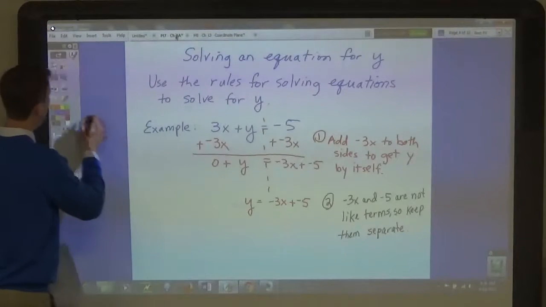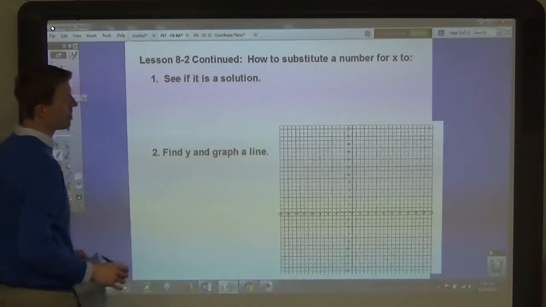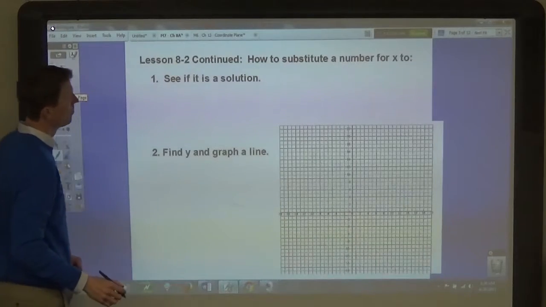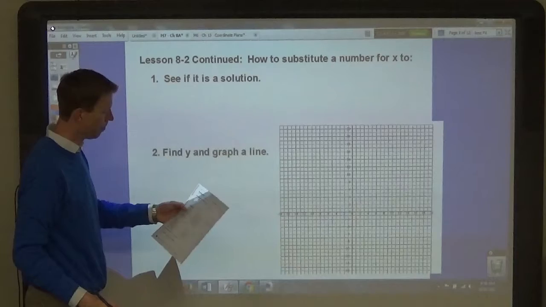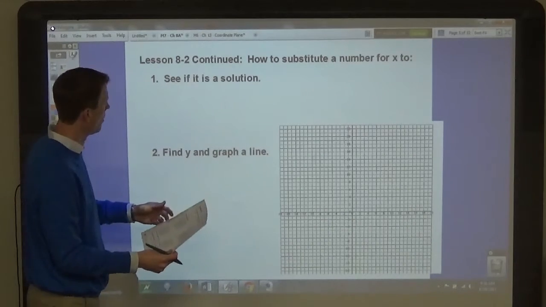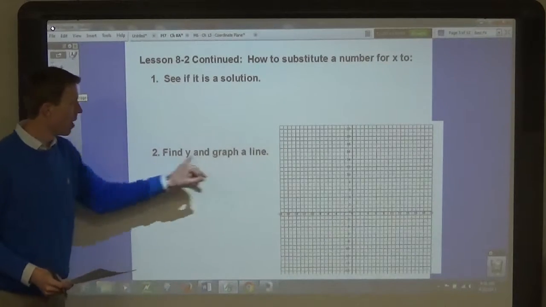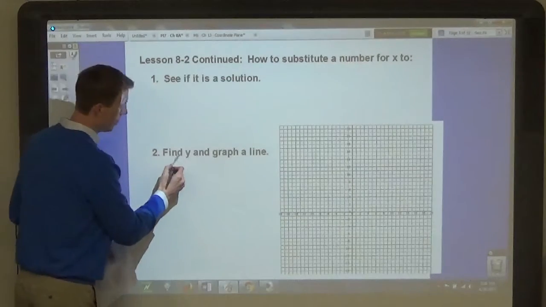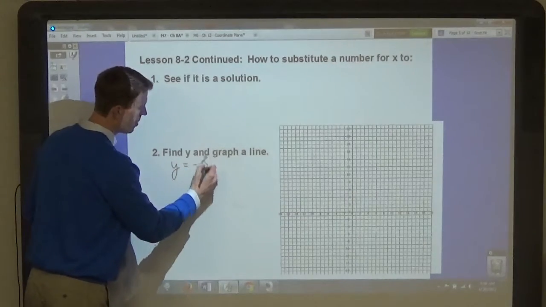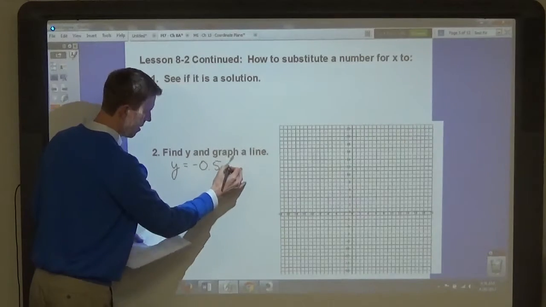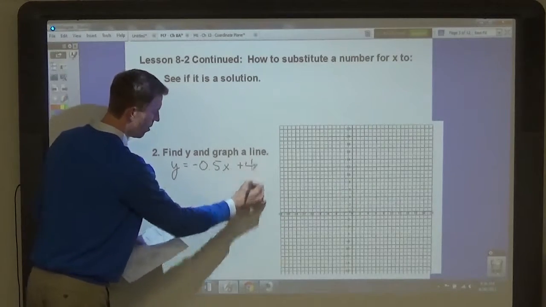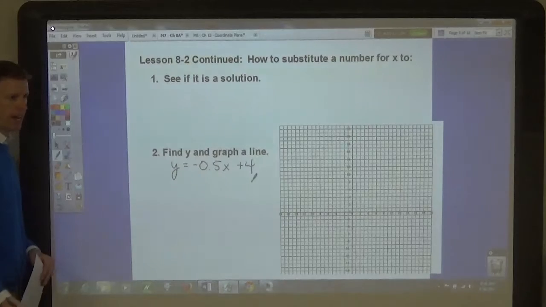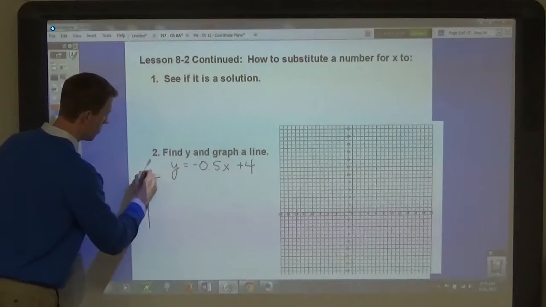I have this set up. So we're actually going to be doing this. We've already got y. Y is equal to negative 0.5 x plus 4. And we're going to graph it.